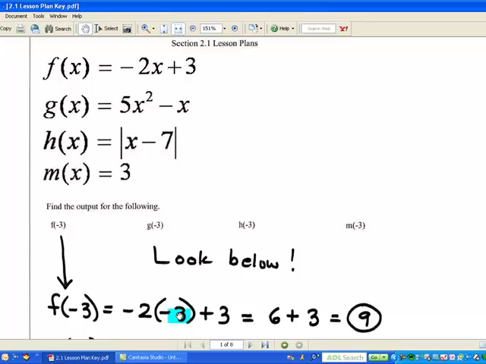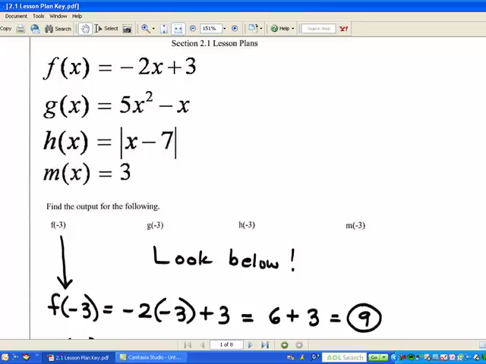So to evaluate it, negative 2 times negative 3 plus 3 is equal to 6 plus 3, which gives me the answer 9. Therefore, f of negative 3 is equal to 9. And what that means is when I put negative 3 into the function as a domain value, that's called input, I get the answer 9 out as a range value, which is the output.